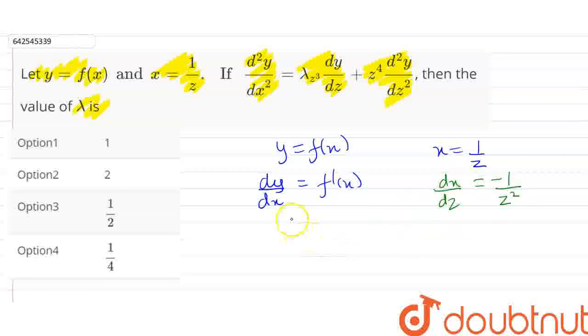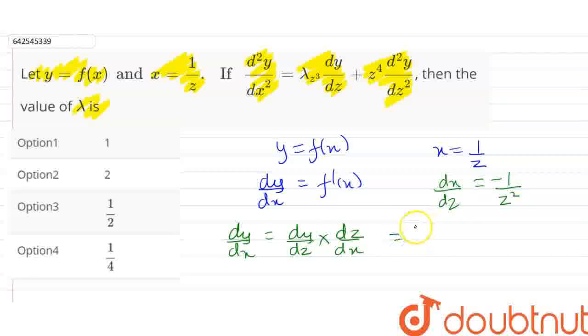So our dy by dx will be, now we can write dy by dx as dy by dz into dz by dx. Here dz and dz will cancel and dy by dx will be equal to this only.